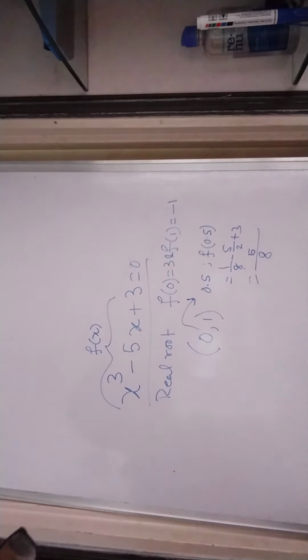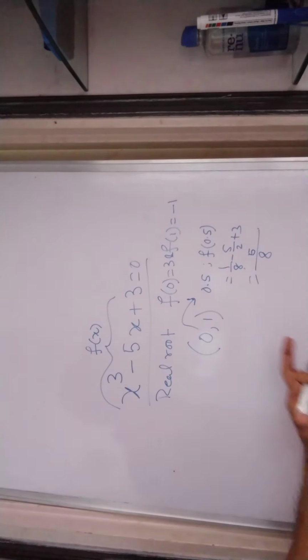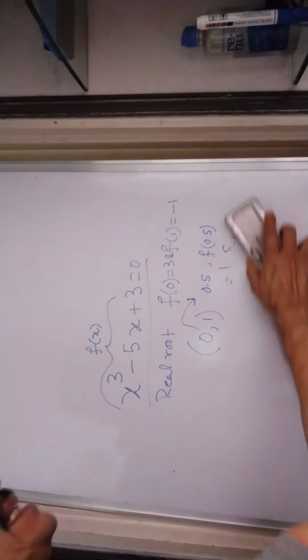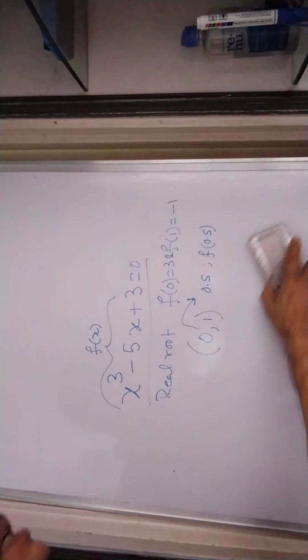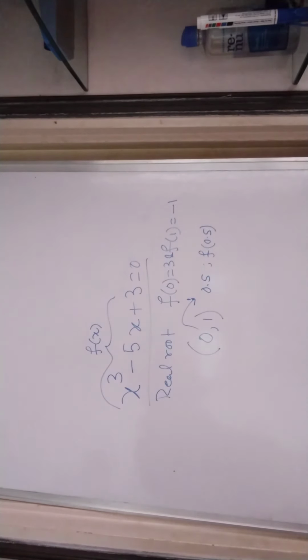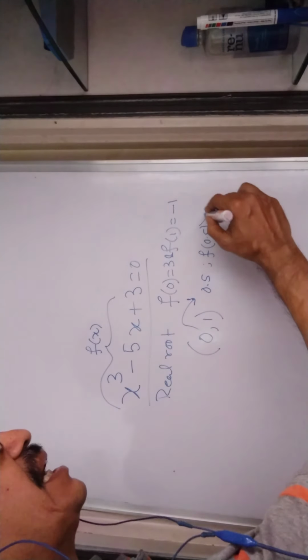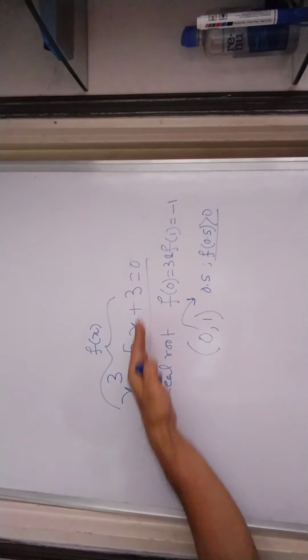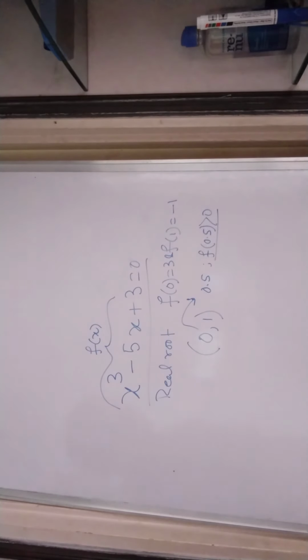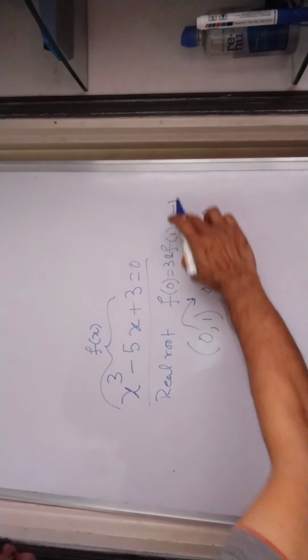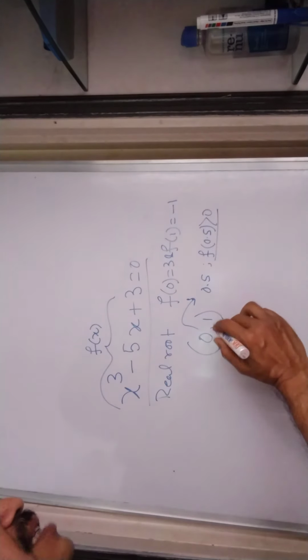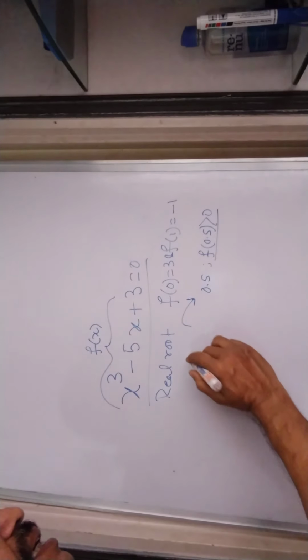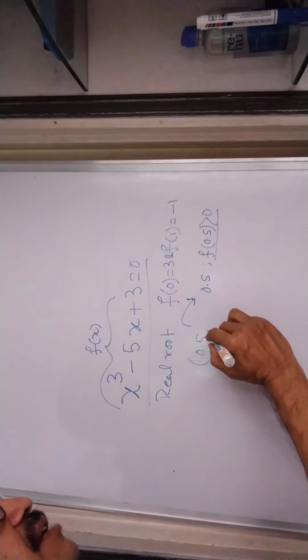Actually, we don't need to find the exact value. What we exactly want to know is whether f(0.5) is negative or positive, and we can easily infer that it is positive, since 1 by 8 minus 5 by 2 plus 3 is positive. So, since f(1) is negative, the root lies between 0.5 and 1.